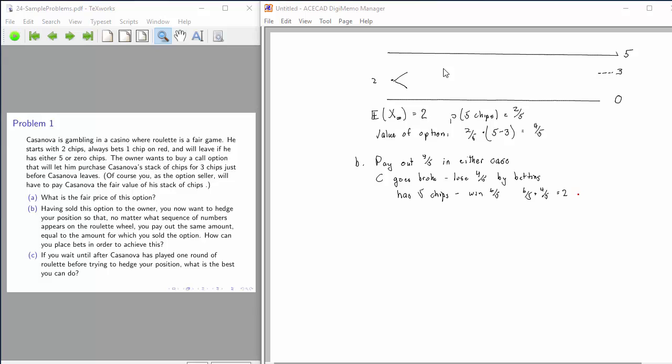That's just enough to buy Casanova's stack of 5 chips, sell it to the casino owner for 3 chips, and come out even.